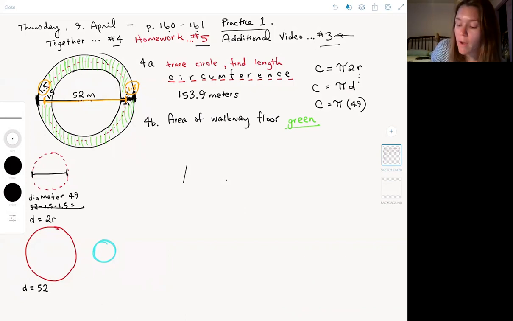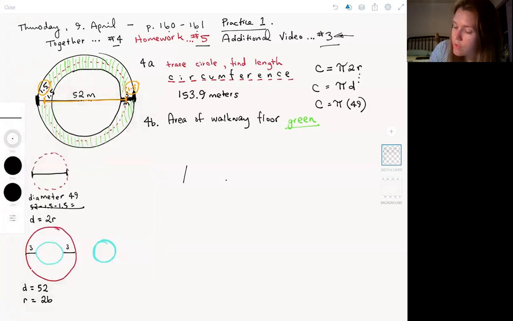So my radius is going to be 52 divided by 2, which is 26. When I'm looking at my blue circle, I can use my red one to find that because I know that my walkway is 3 meters here and 3 meters here. And then I'm going to have my blue circle on the inside. It kind of looks like a Pokeball.